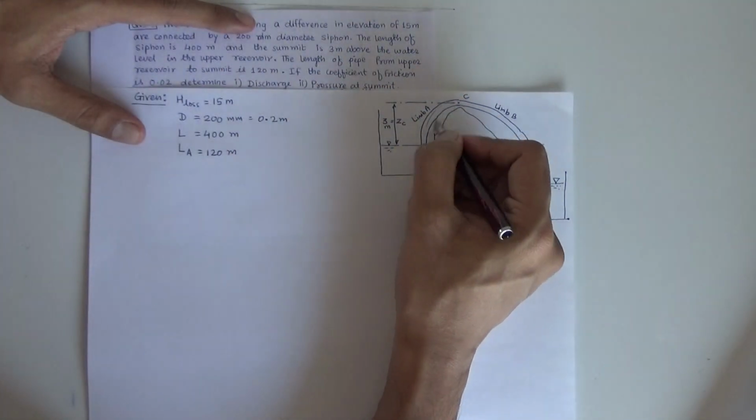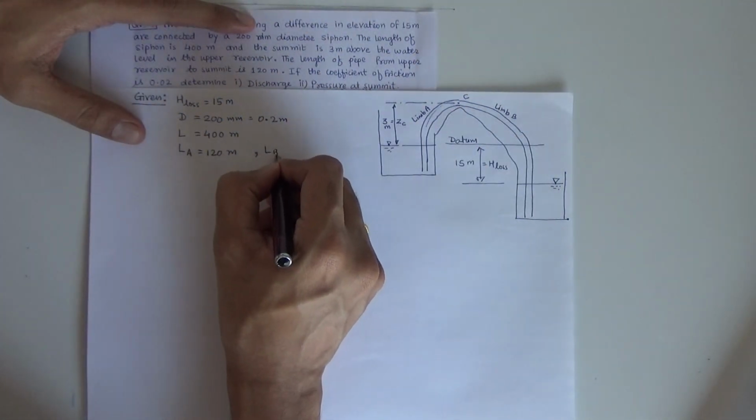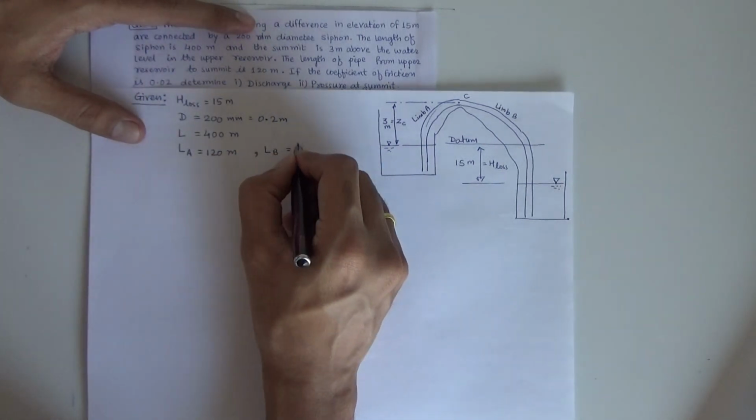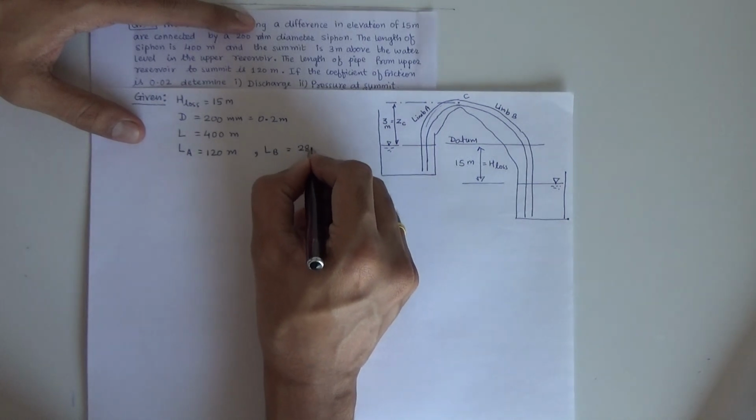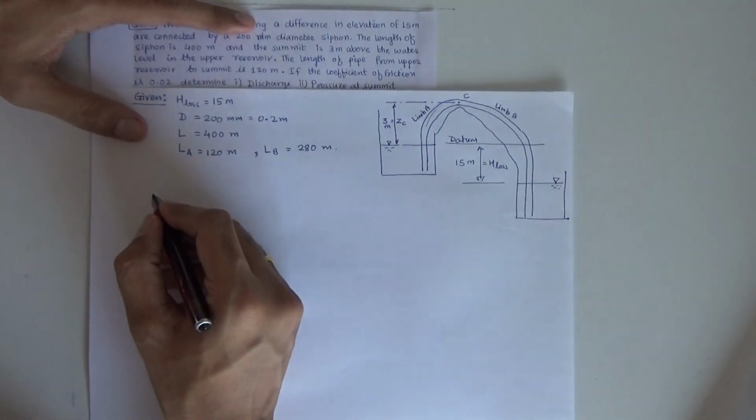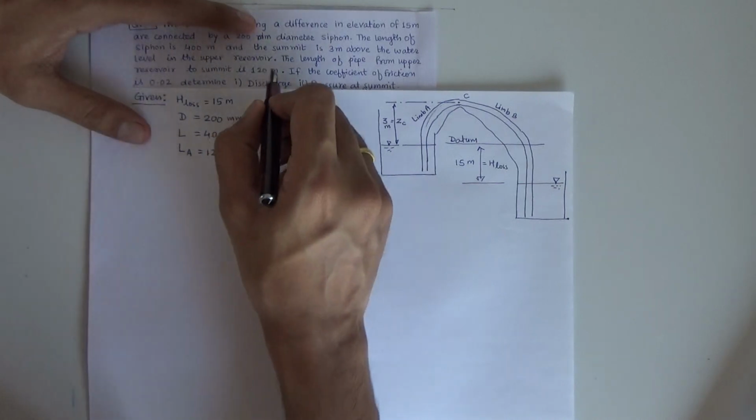So the remaining LB will be, though that is not required, but still you can compute it: 400 minus 120, so it is 280. That is how these two lengths are.